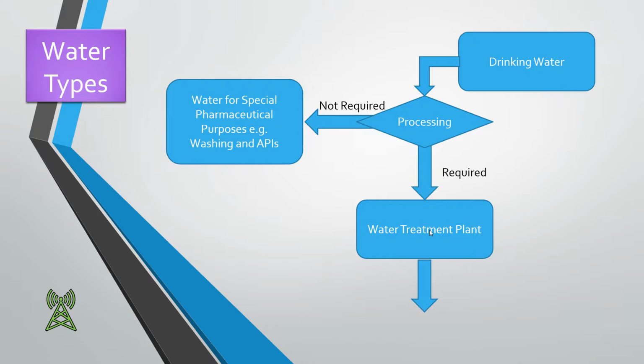In 99% of cases it is installed inside the facility. So what happens next? The water goes to the water treatment plant. We will not discuss in this lecture how this plant works, but we will overview all the blocks of the processes involved in the water treatment.